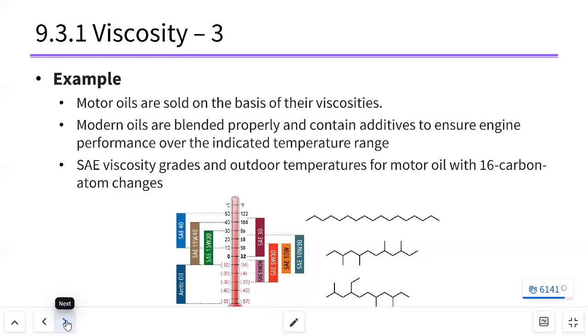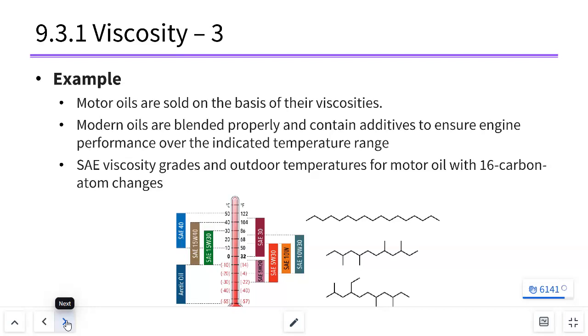So you can see in different kinds of motor oils, different combinations of these things being present. And if you get into some of those blended oils, 10W30, 15W40, well, what you get is a mixture of these kinds of hydrocarbons.